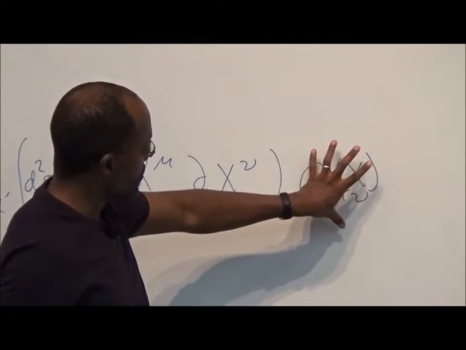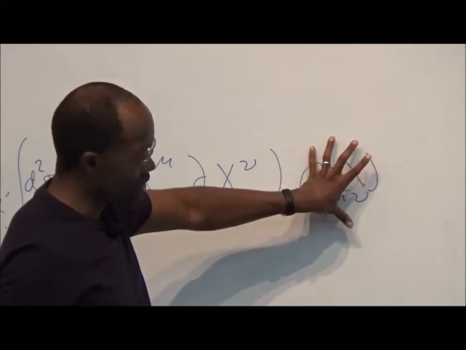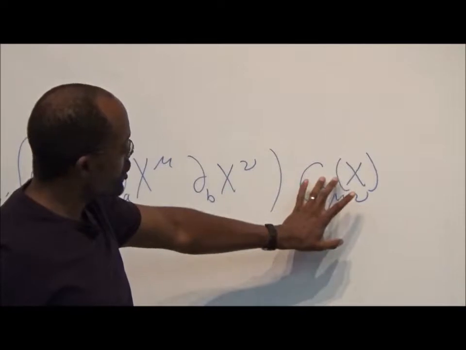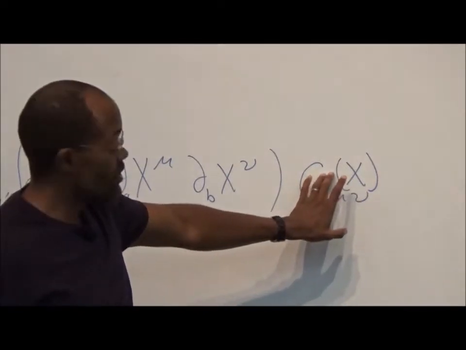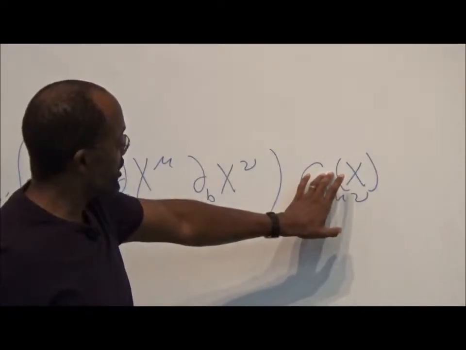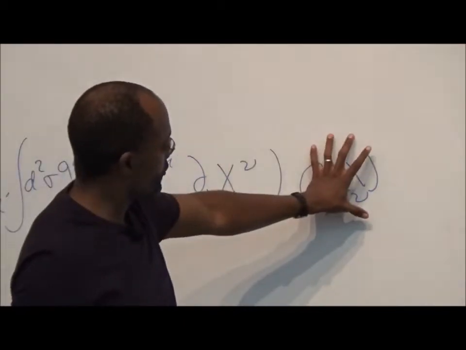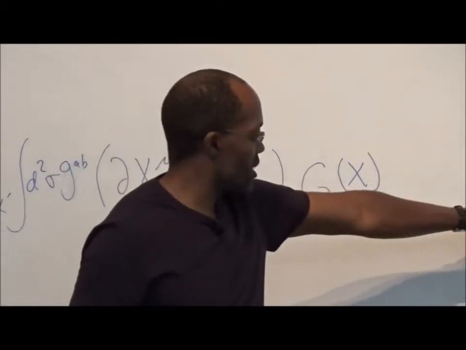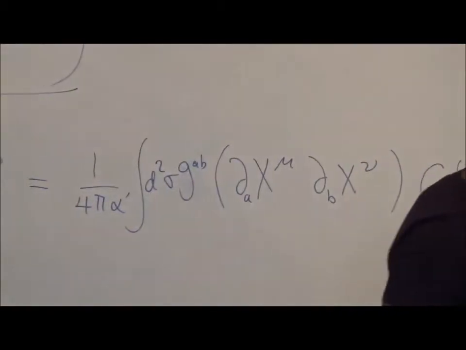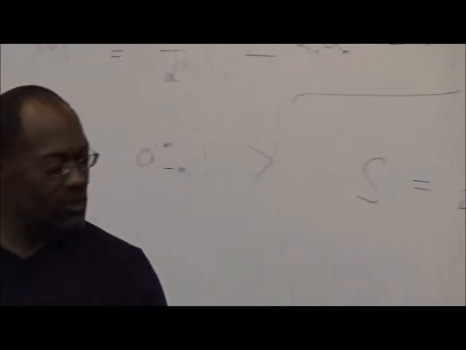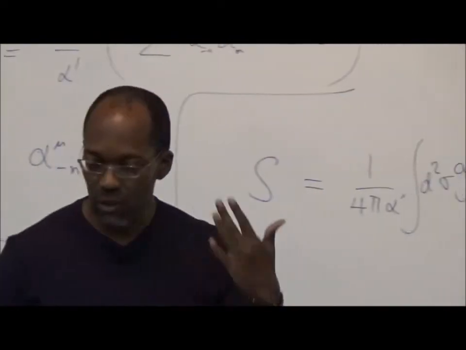And so that's going to be what I call the beta function conditions. Will give us some information about G and its derivatives, which will be the two-dimensional condition that I have a conformal field theory, and also B and phi and all the other fields.